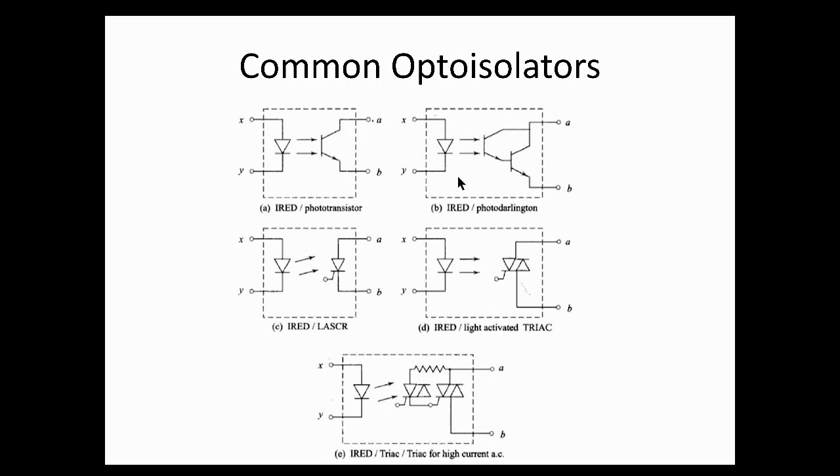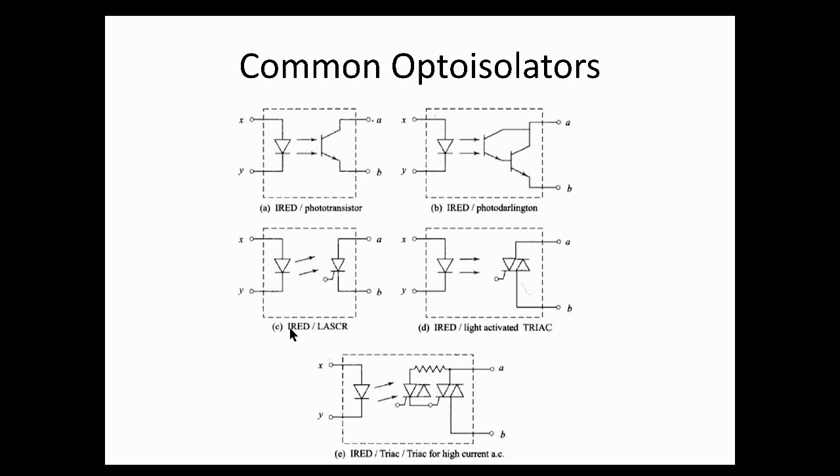So these are the common isolators that you will come across. We have the infrared type with our phototransistor, and we have this type here with our Darlington pair. This is when we want to have higher drive current.